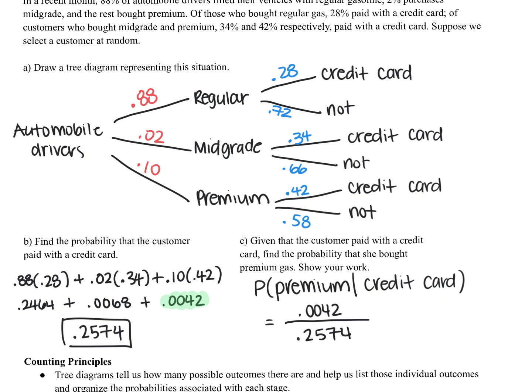I just realized I made a mistake on the previous problem. This actually shouldn't be 0.0042. It should be 0.042. That's my bad.